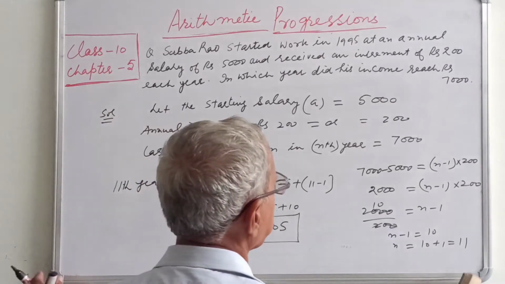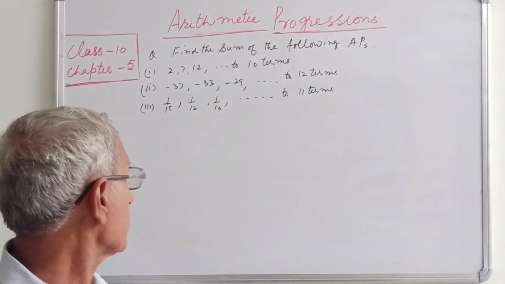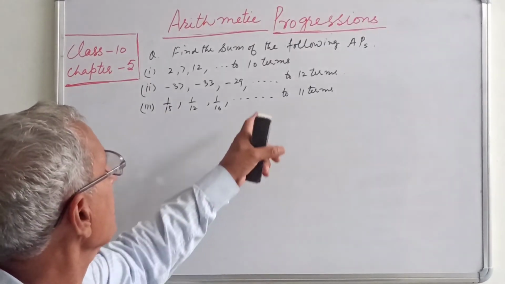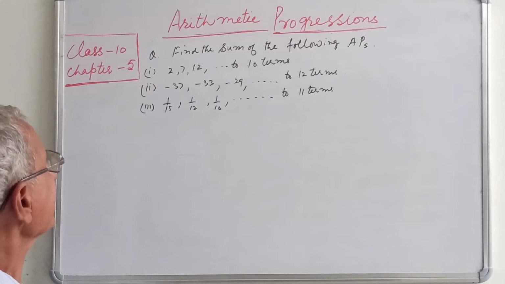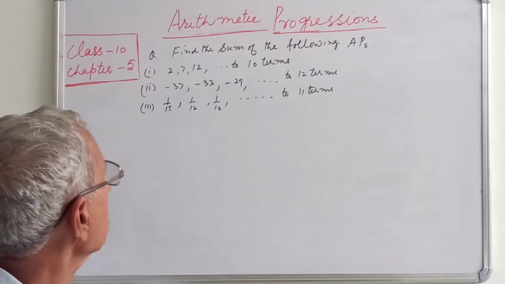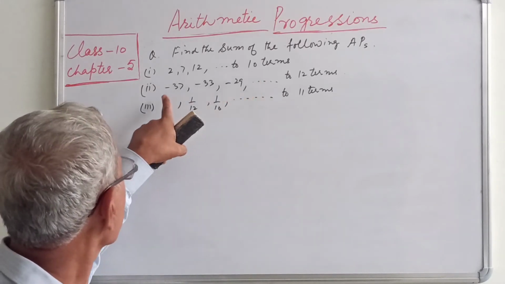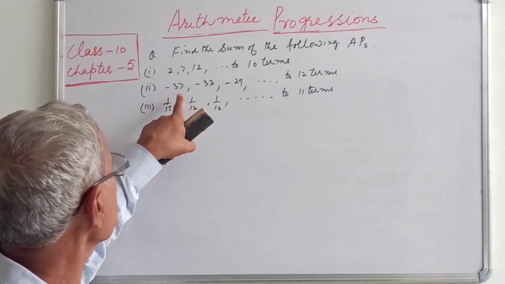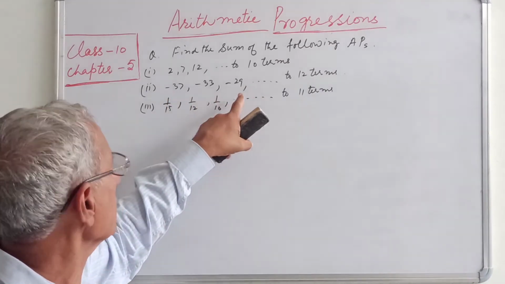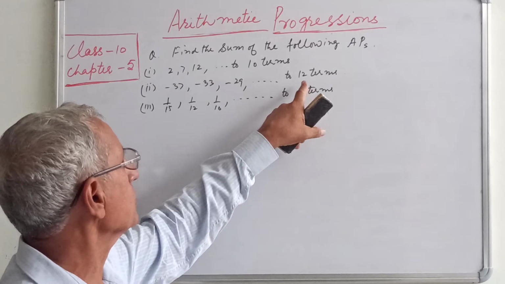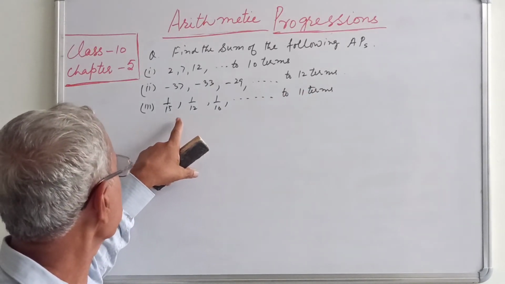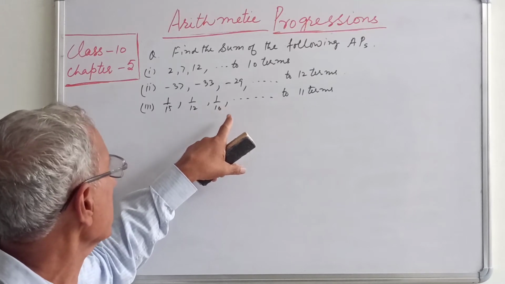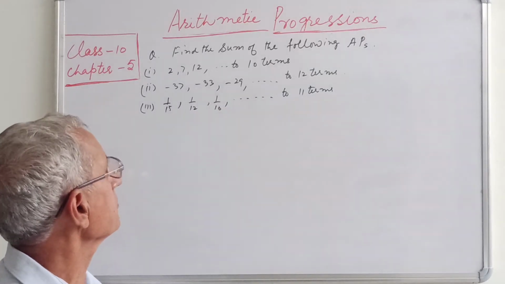Next question. The next question is, find the sum of the following APs. I have written three parts. First part is 2, 7, 12 to 10 terms. Second part is minus 37, minus 33, minus 29 to 12 terms. And the third part is 1 upon 15, 1 upon 12, 1 upon 10 to 11 terms.